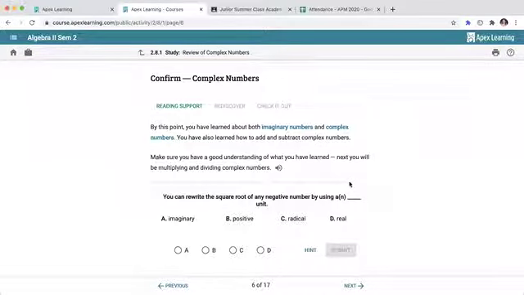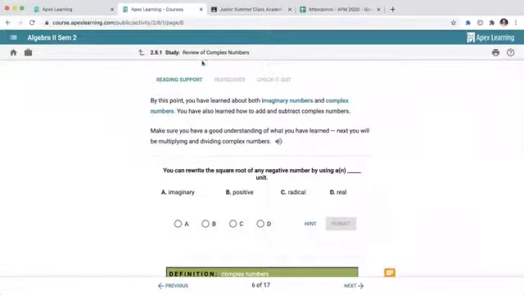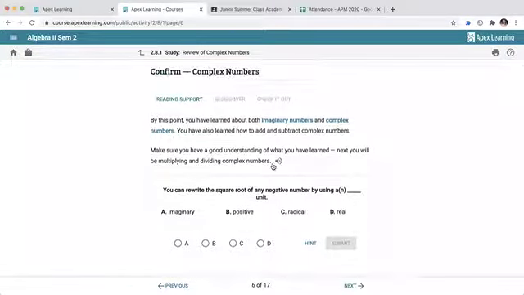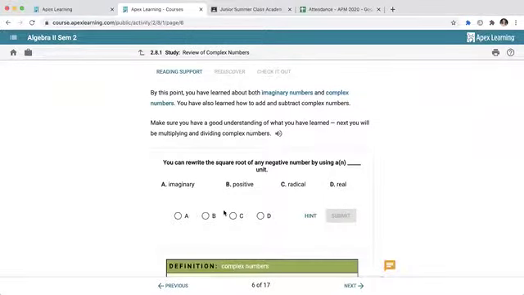Okay, just to confirm here, we've learned about imaginary numbers and complex numbers, and we looked very briefly at how to add or subtract complex numbers. So again, if we have any negative number underneath a square root sign, we can rewrite it using an imaginary unit.